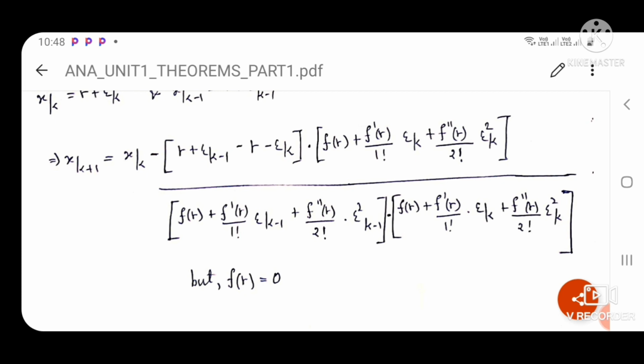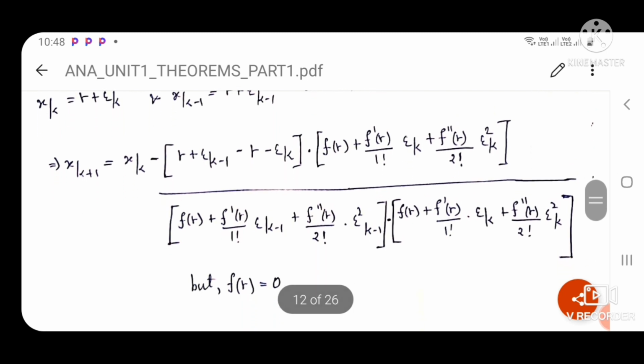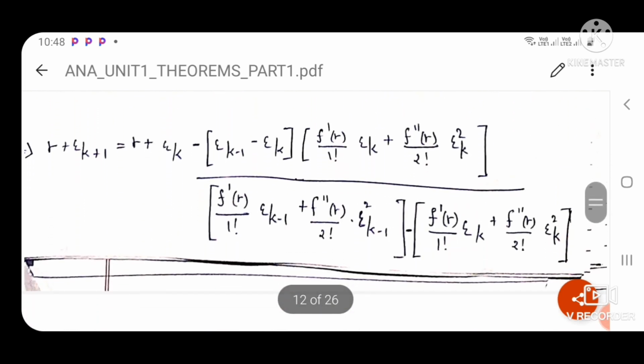By doing so, I want you to understand that f of r equals 0 as we have already seen here. So we're going to put the same f of r equal to 0 in this equation. On substituting this, we're going to get this. It's basically an equation without f of r.